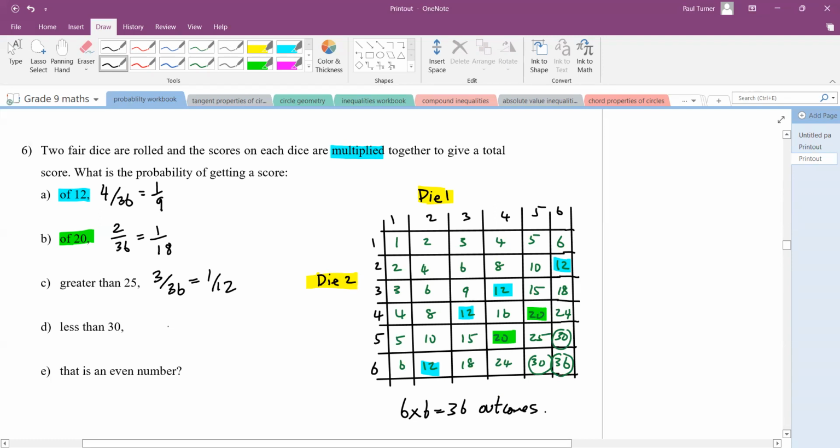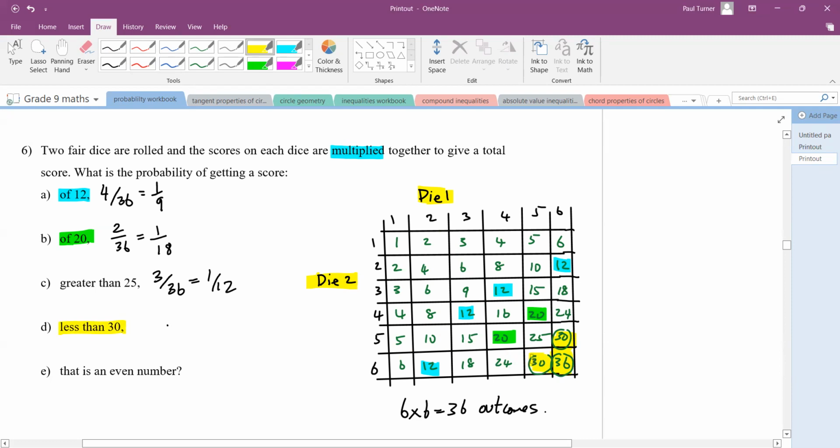Okay, so a score less than 30. Less than 30 is actually everything else, isn't it? When you think about it, this was 30 here in yellow, 30 or more. Less than 30, when you look at the table, is all the other numbers in this table.